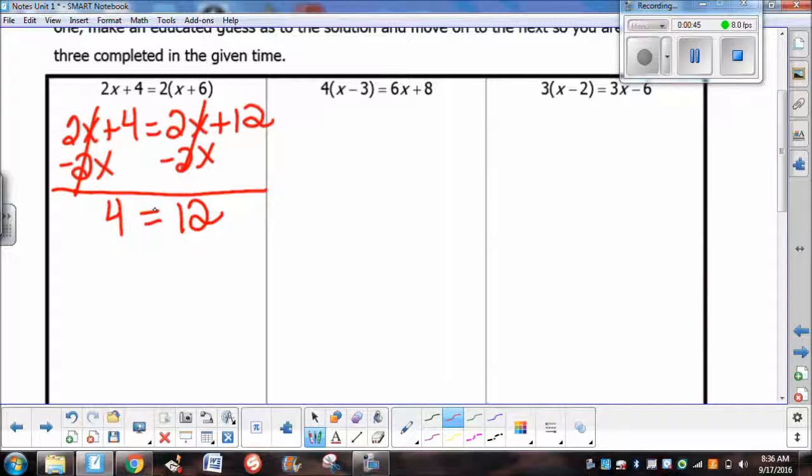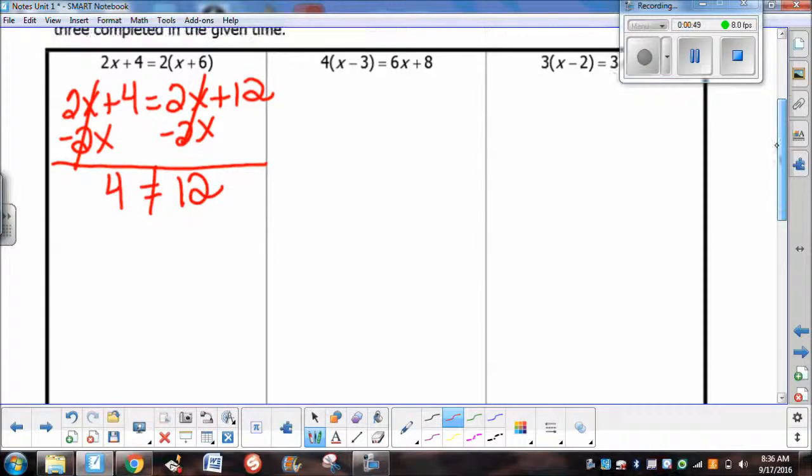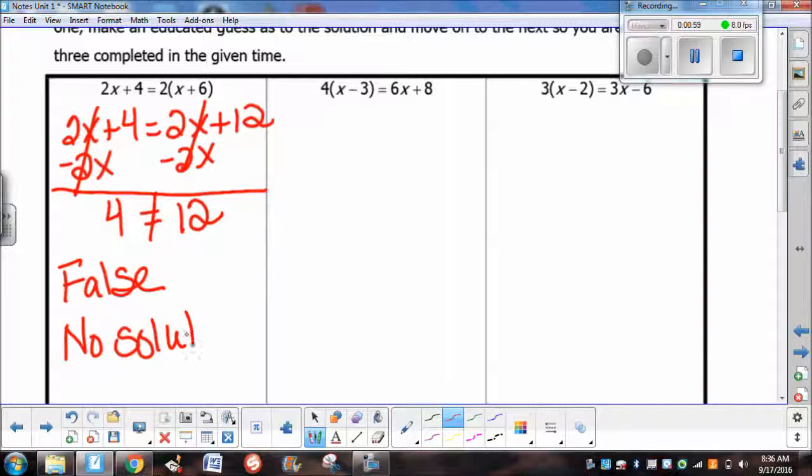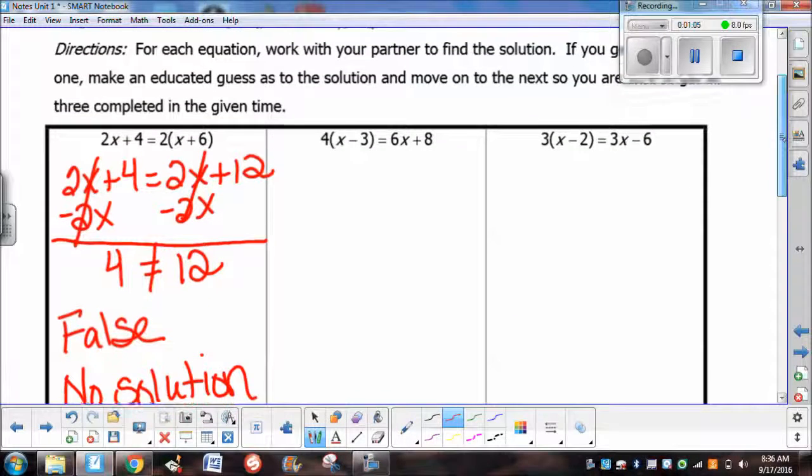That is absolutely false. So 4 does not equal 12, ever. So when you come up with a false equation like that, we consider this to be an equation that does not have a solution. So this is the type of no solution equation.